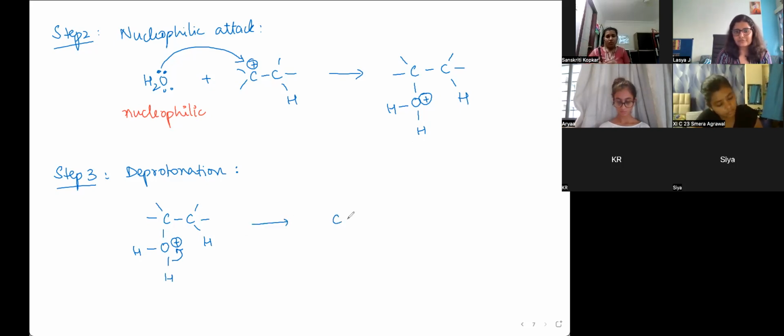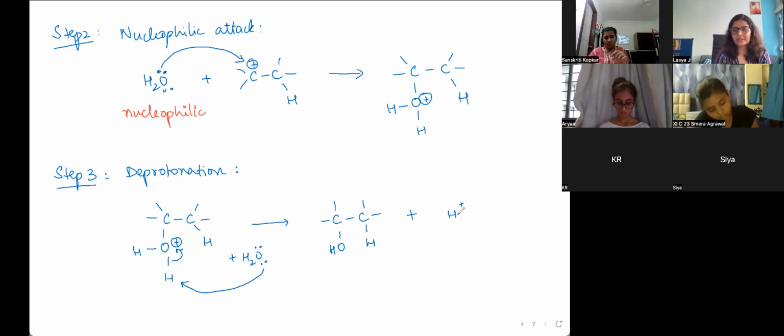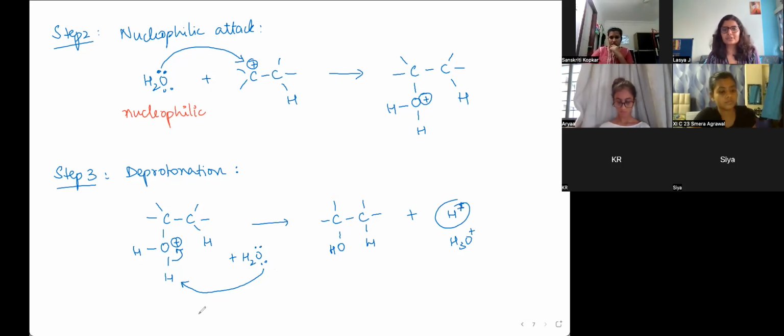So this will give H plus. Technically though, H plus can't independently exist, so in the medium, a water molecule will pick up this hydrogen and technically you get H3O plus. But essentially, one proton is removed.